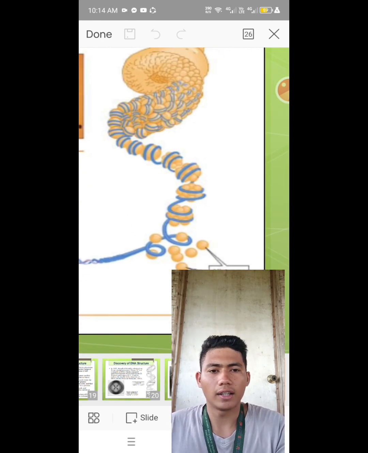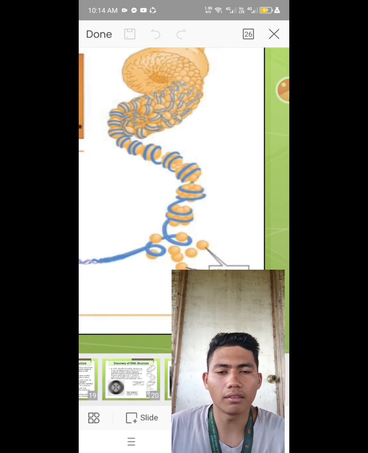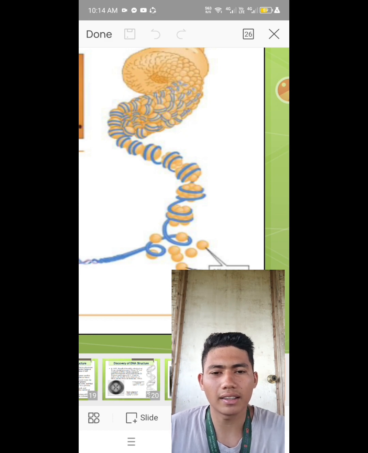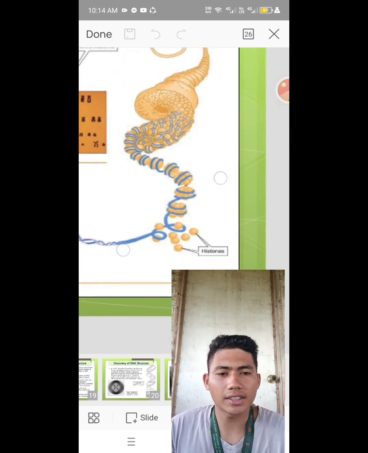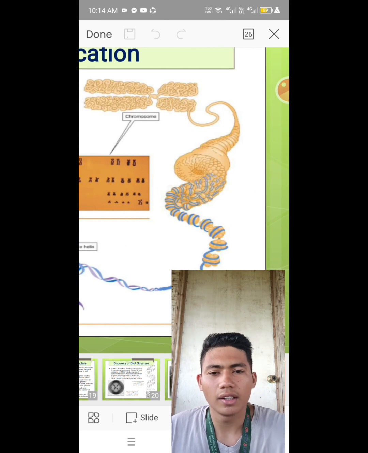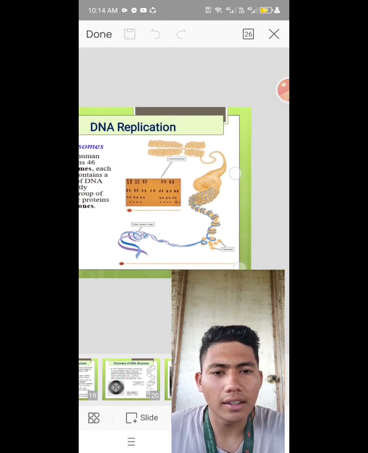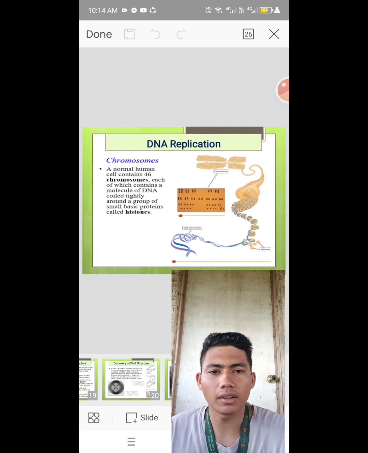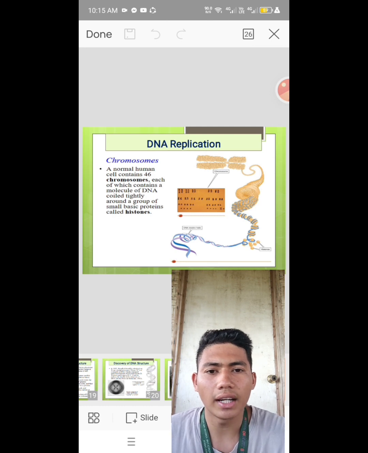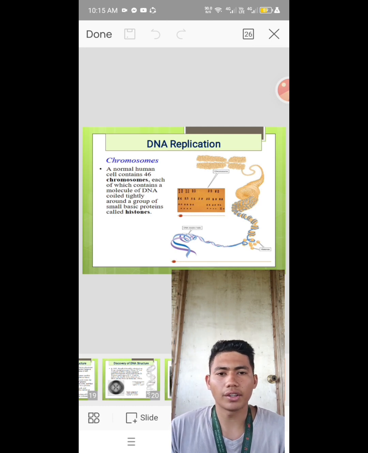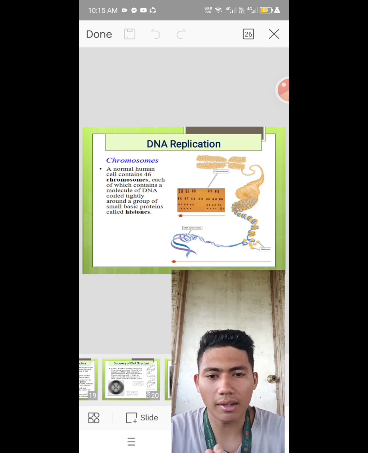In the lower part of the screen, there's something like a thread-like structure. There's a small round thing there, which is called the small basic proteins called the histones, around which the DNA is coiled up tightly.